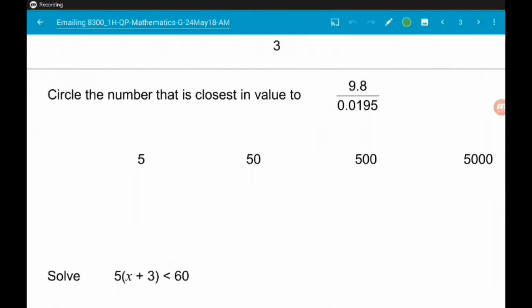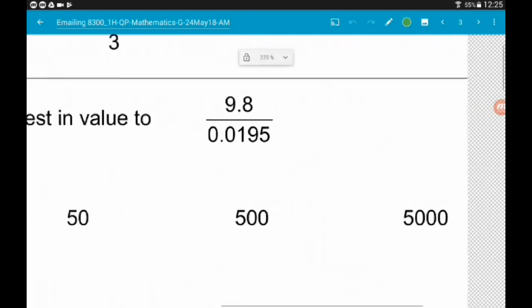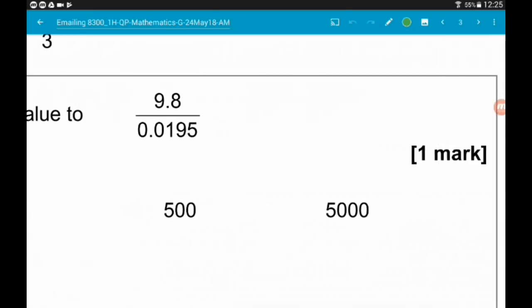Okay, question 4 wants us to circle the value closest to 9.8 divided by 0.0195. So we don't have a calculator, these numbers are ridiculous, we're going to use estimation. So we can say this is roughly 10 divided by 0.02.